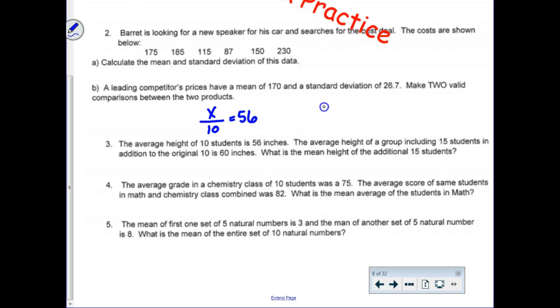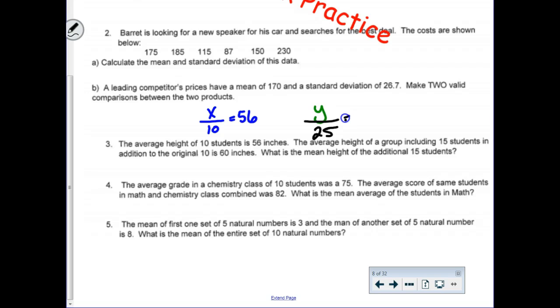Okay. Now, this other clue is worded poorly, but read carefully. The average height, including 15 students in addition to the original 10 students. So there's some mystery number here, which is all my total students, right? And if you divided it by all of the students, how many total students are we working with here? 25, thank you.